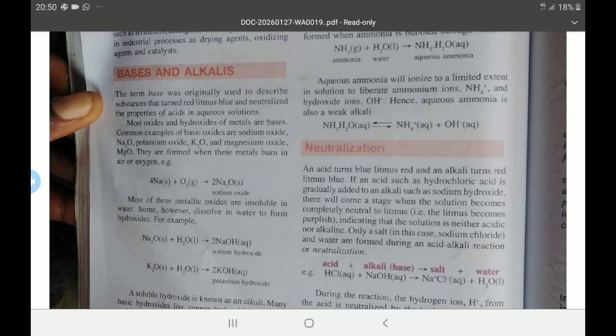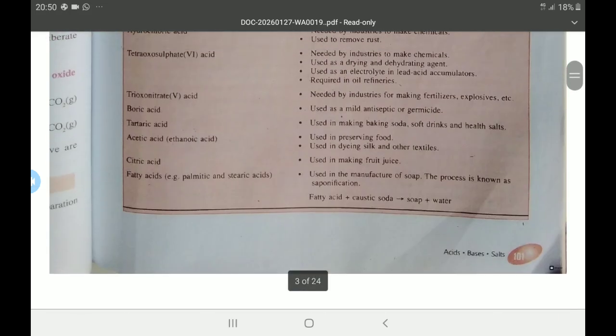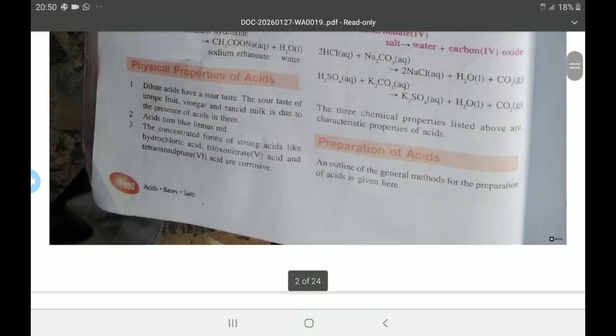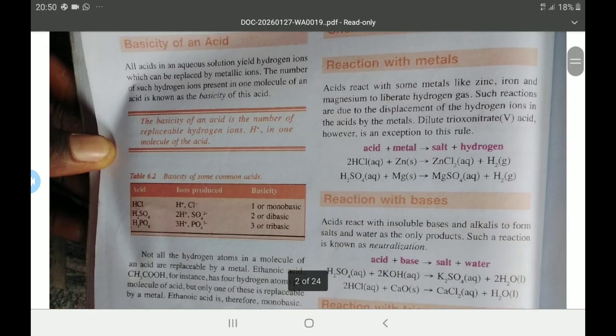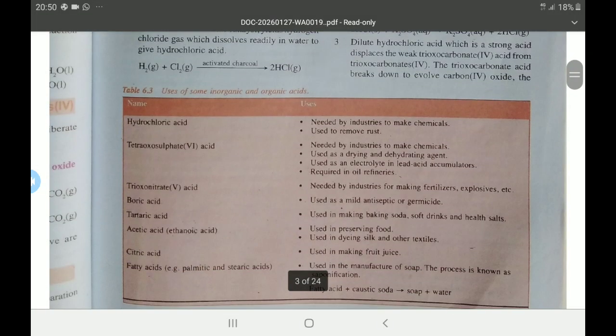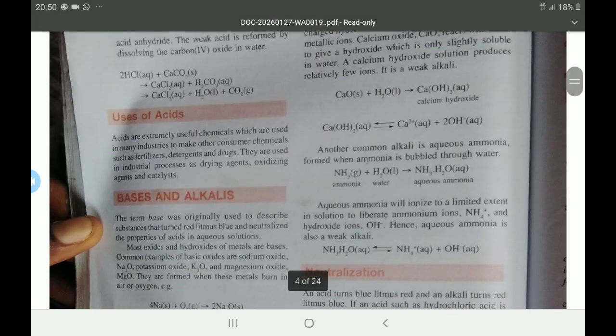And we also looked at the concept of basicity of an acid, which refers to the number of hydrogen ions that can be replaced by metallic ions. We discussed all that in our previous class. Make reference to our previous class in the channel.